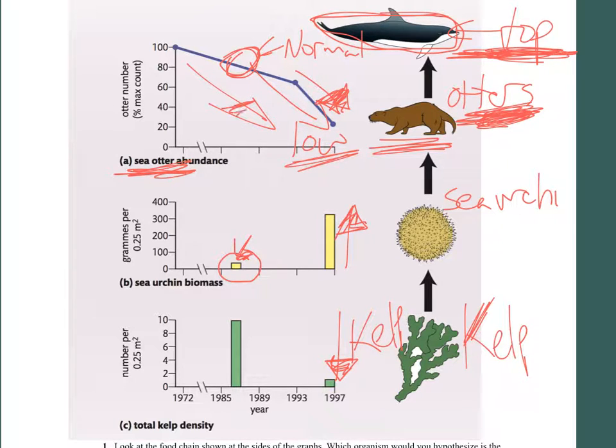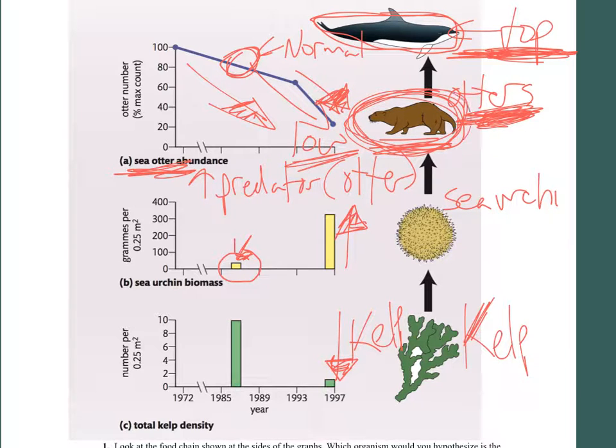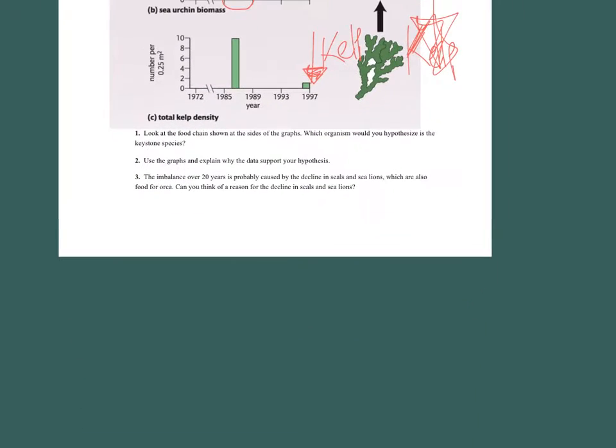So from this data, we can say that the highest predator is otter, and with a decrease in that, the whole system is affected. So in our example, the data supports that the otter is the one that affects the rest of the system throughout. So that is a keystone species. That is just based on the data. We would have to have further research to clarify that.